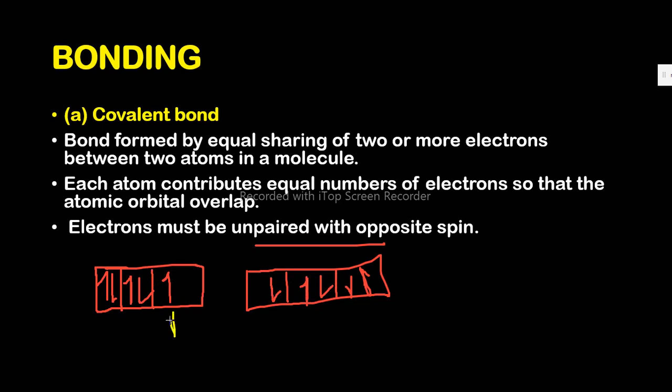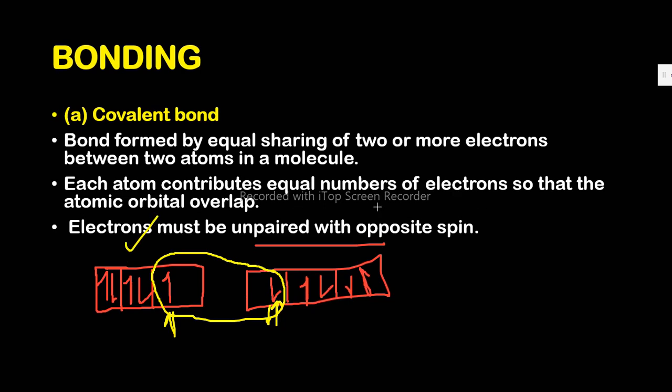But that's not enough, the two must be parallel but with opposite spins. This one should be facing down, and this one should be facing up. The Aufbau principle. Otherwise, they cannot pair up. Since they have opposite and parallel spins, they will be free to pair up. Not so? Yes.